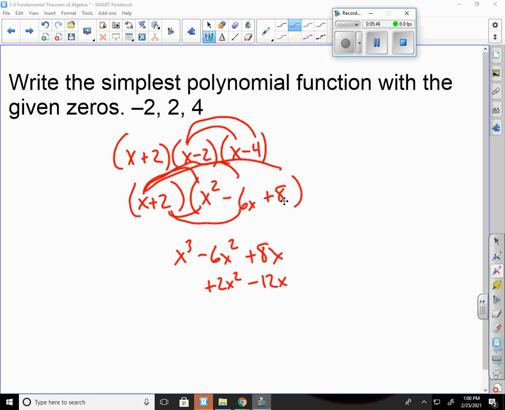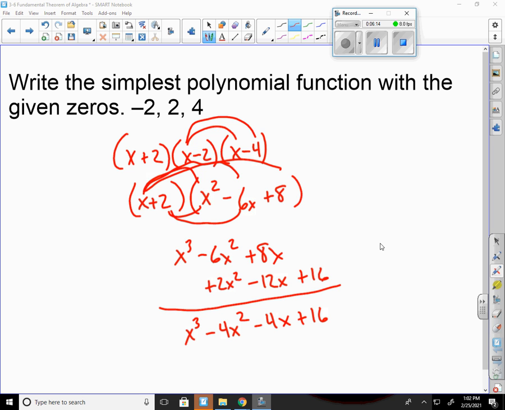And 2 times 8, that's plus 16. That's x to the third minus 4x squared minus 4x plus 16. And that's my simplest version.